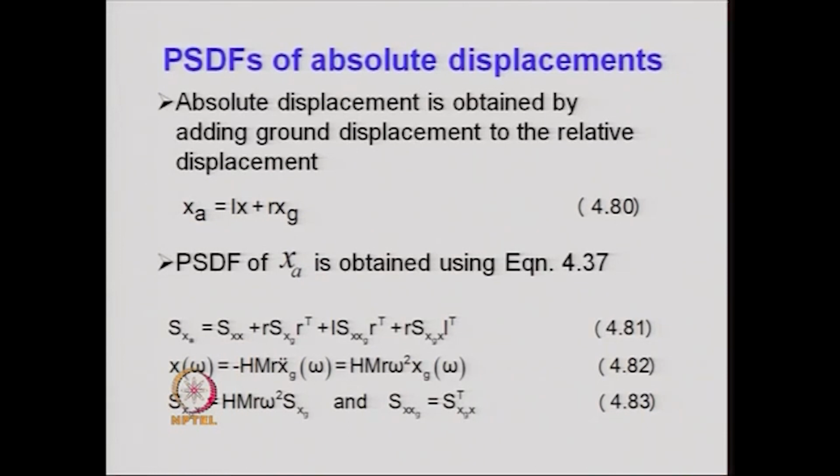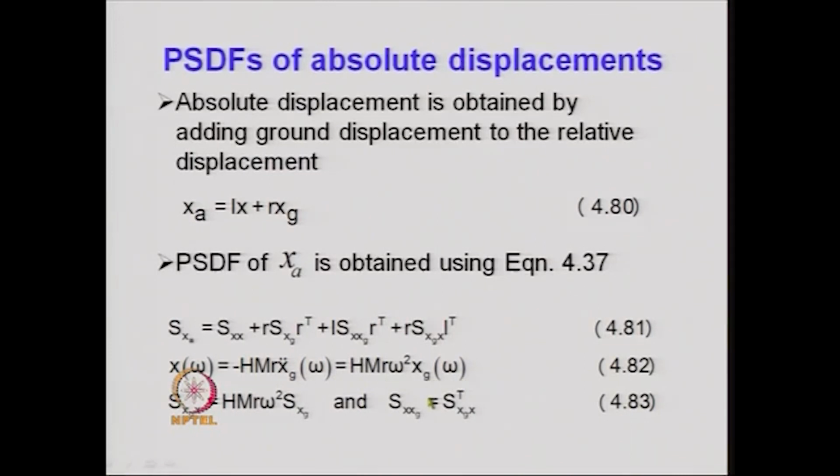And for harmonic excitation, whether we represent it in the complex form or in the real form, we know that the displacement and the acceleration are related through omega square. So, that is why this x double dot g omega is replaced by omega square into xg omega.